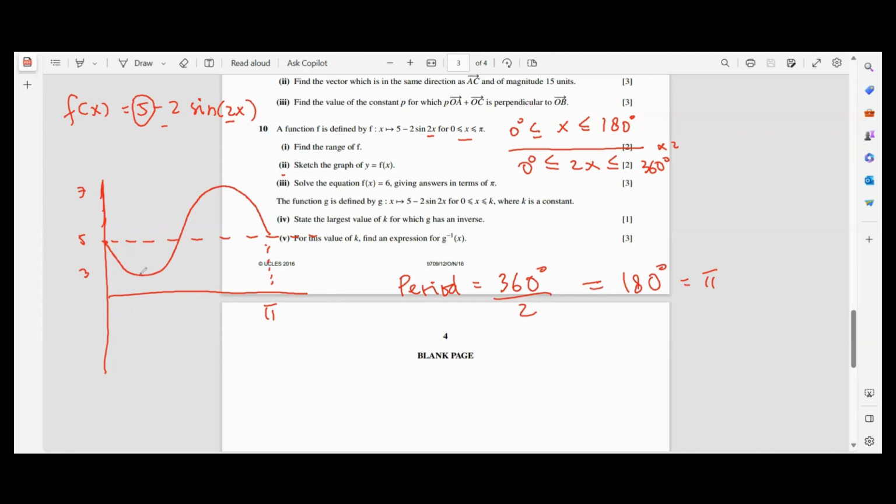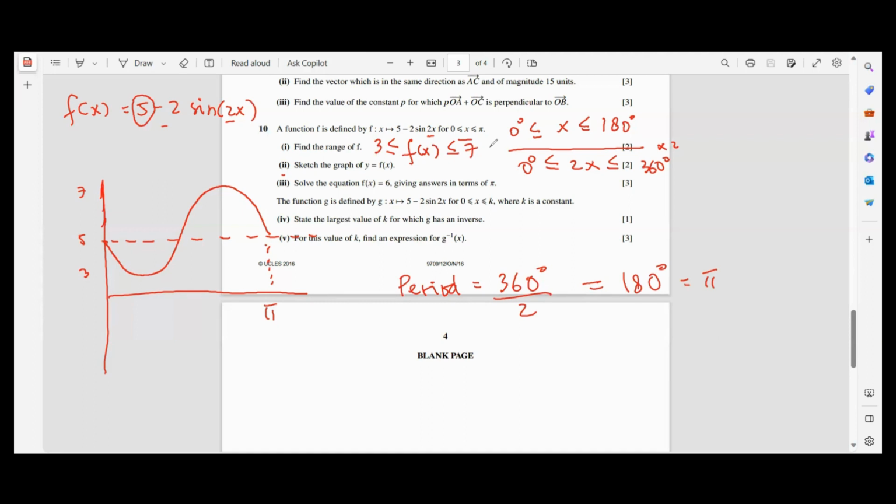So the range of this, we can see from the picture, the range should be 3 until 7. So we directly answer two of them, I and II.